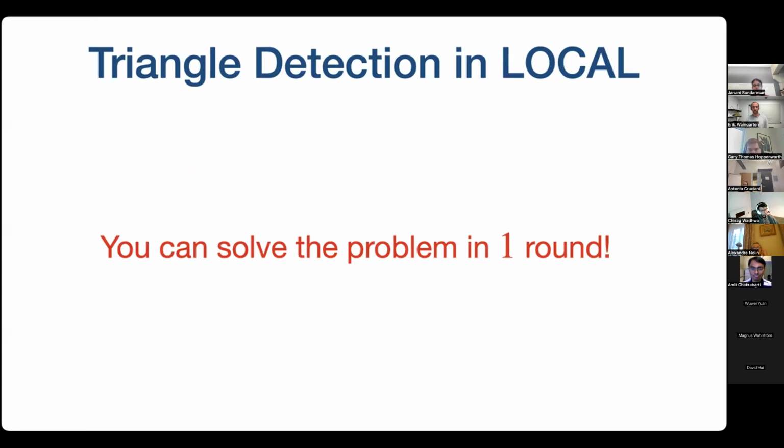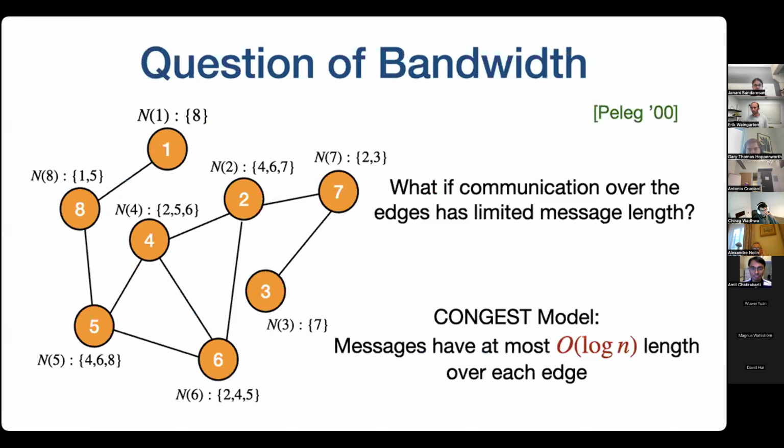Okay. So the immediate question to ask is if the communication over these edges actually has some constraint. So instead of allowing these vertices to say whatever they want with arbitrary message length over these edges, we're going to ask them to communicate only order log n length messages over each of these edges. So this upper bound on the message length is going to be called bandwidth.